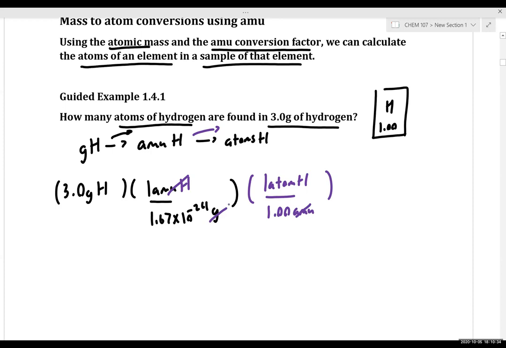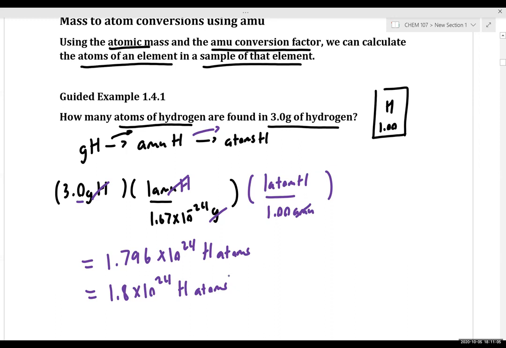AMUs cancel, grams cancel. We're left with atoms of hydrogen. Punching this into our calculator, 3.0 over 1.67 gives us 1.796 times 10 to the 24th hydrogen atoms, which we round to 2 sig figs as 1.8 times 10 to the 24th hydrogen atoms.